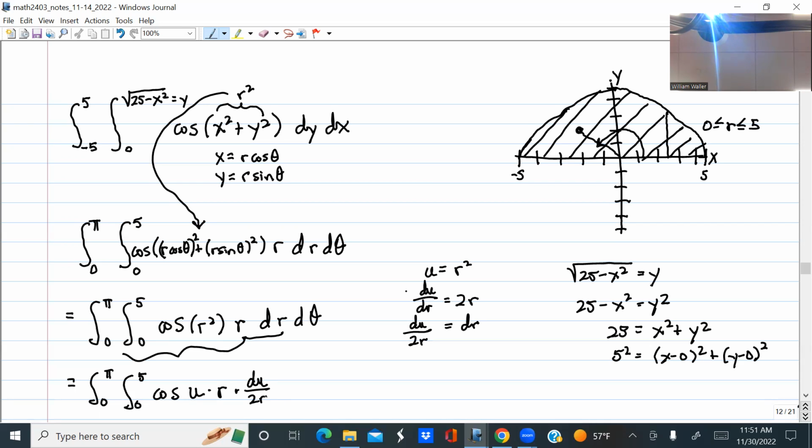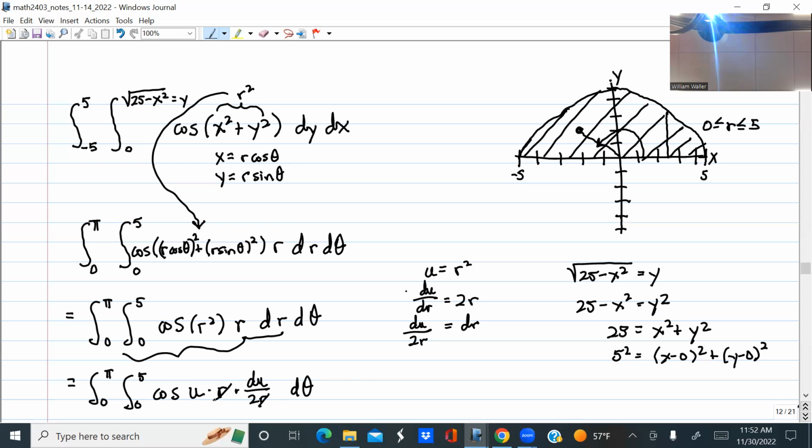Oh wow, how convenient! What's going to happen to the r's there? They're going to cancel, right? So you see that extra factor of r turned out to be really useful there, because it cancels with that du over 2r. And I end up with just cosine of u du, which I know how to integrate. But we do need to factor out the 2 in the denominator.